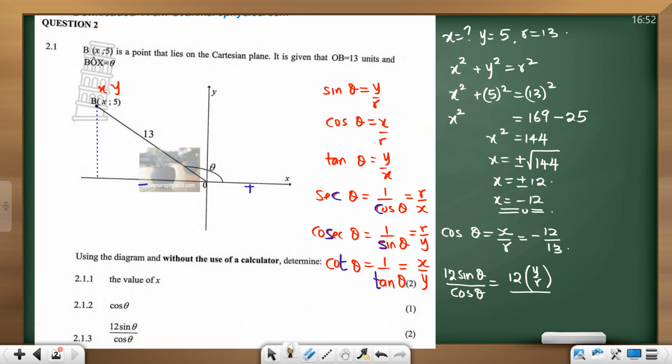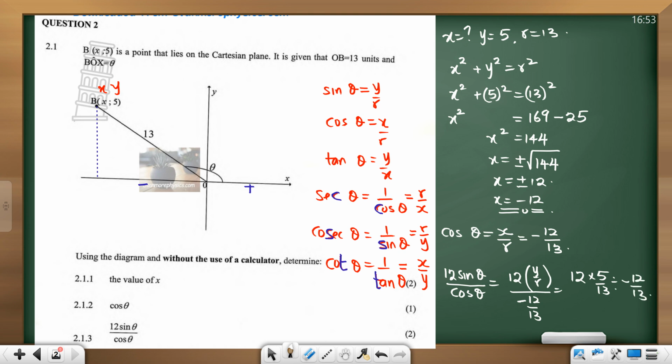What is my cos theta? Already I have it as negative 12 over 13. So we can say 12 times, what is my y? My y is 5, so 5 over 13 divided by negative 12.